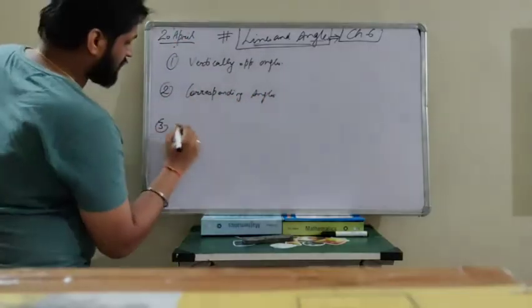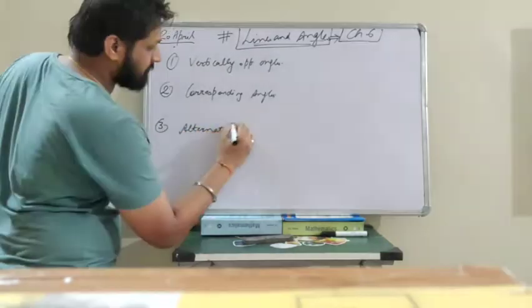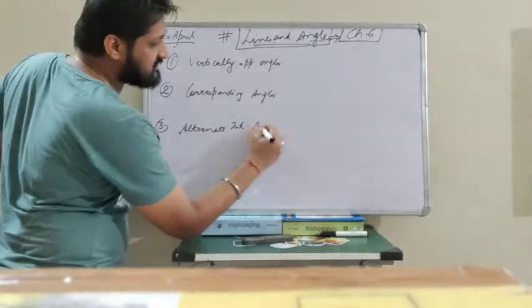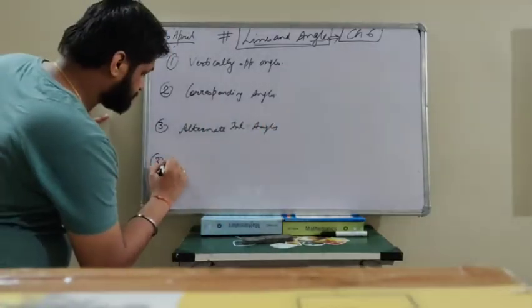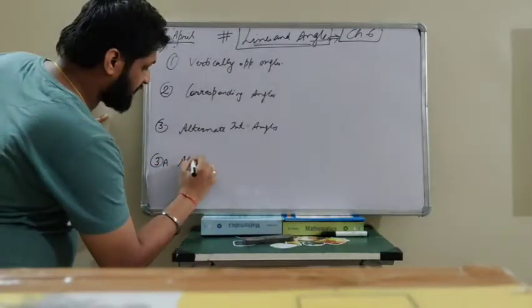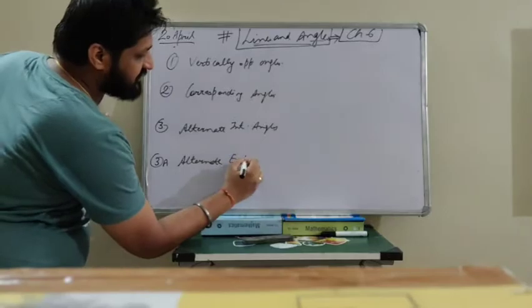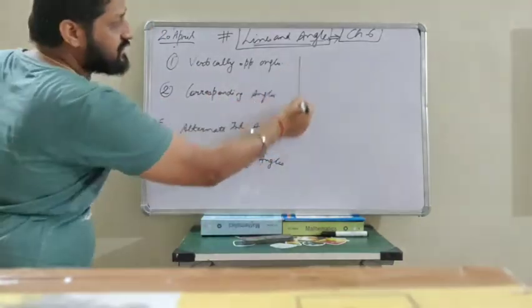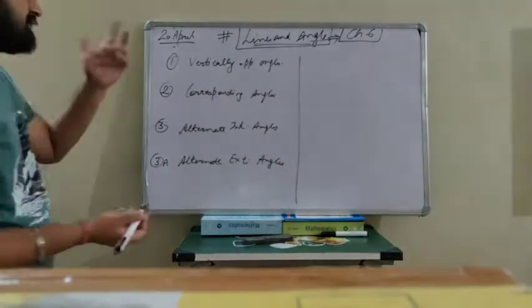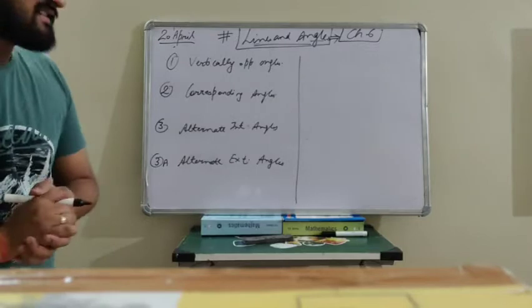Then alternate interior angles, and the subpart is 3a, alternate exterior angles. Alternate interior angles, alternate exterior angles. Vertically opposite angle, corresponding angles, alternate interior, alternate exterior.